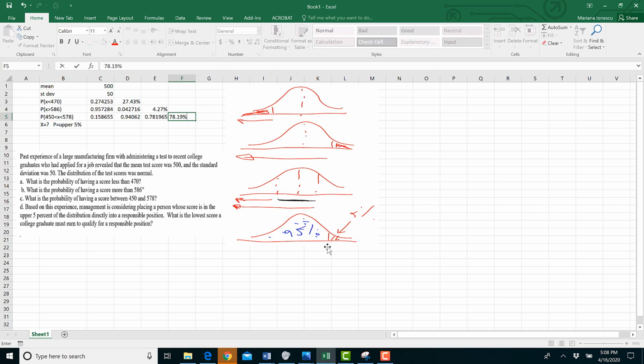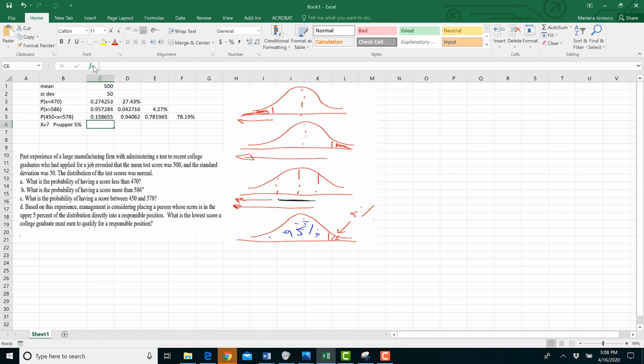So we are looking to calculate the z-score, the cutting point between the upper 5% and the rest of 95%, because in Excel we are reading the probability to be below this value. Right now we have the probability and we are looking to calculate the value of x. It's the inverse situation that we had before.